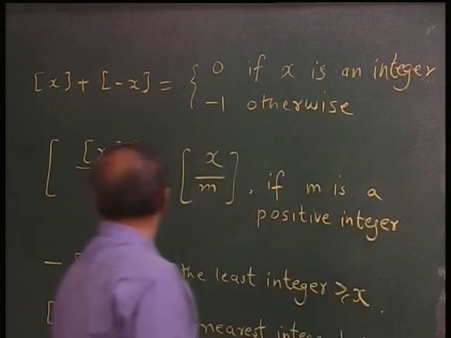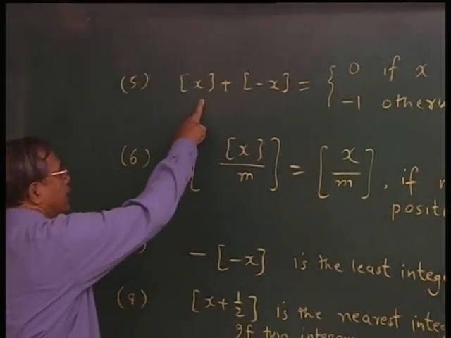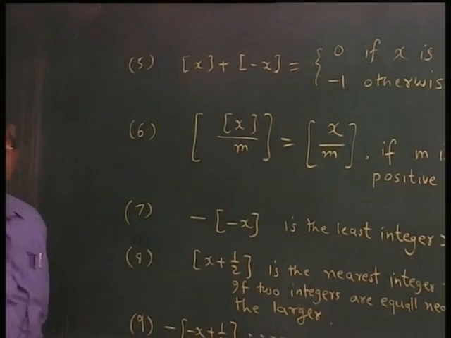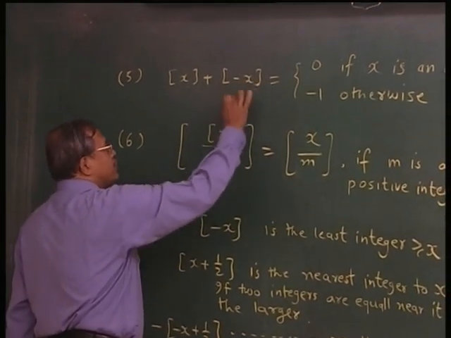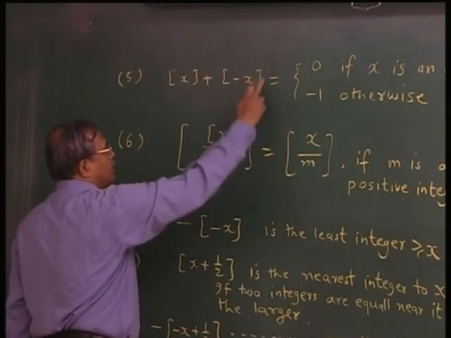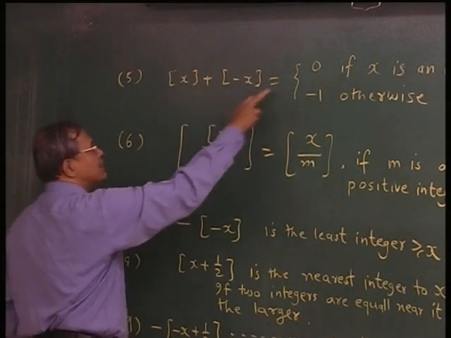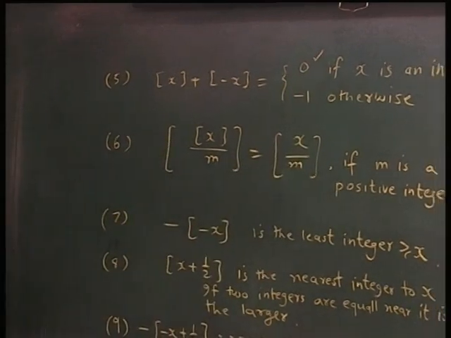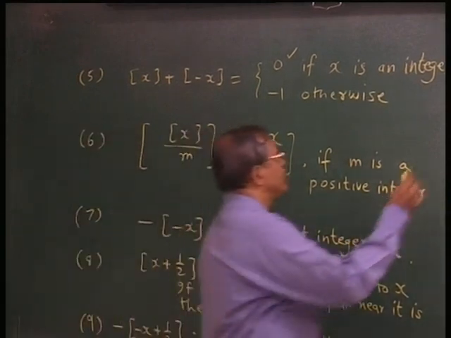So to see this, if x is an integer, integral part of x is just x, and minus x is also an integer, so integral part of minus x is minus x, so x minus x, that is 0. So this is just easy to check.